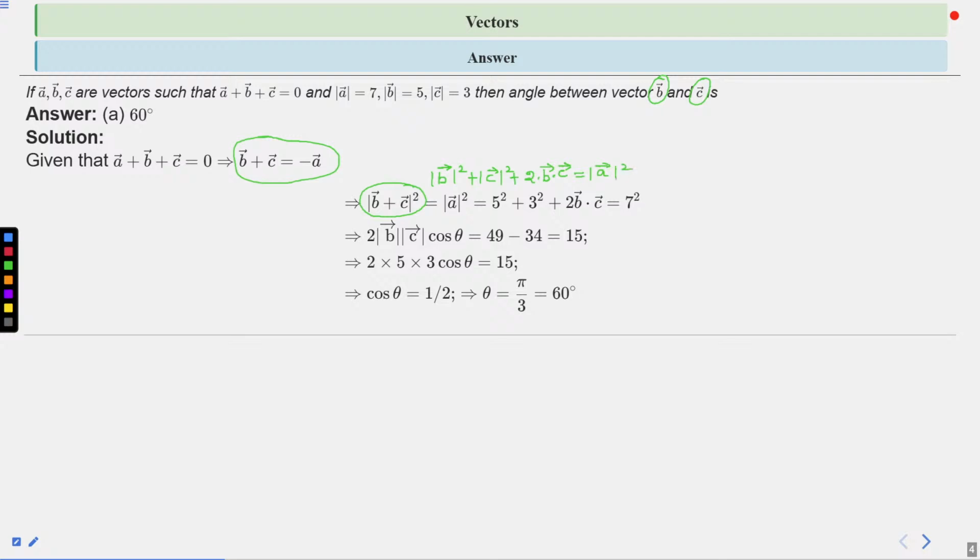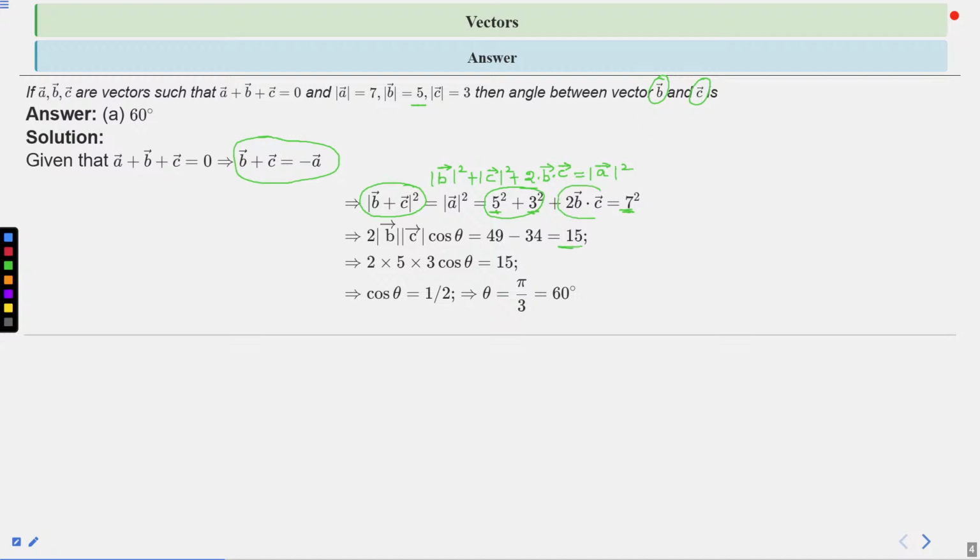Clear? Now just substitute the values. Mod of B vector is 5, so it will be 5 square, mod of C vector is 3, so it will be 3 square. Then 2 B dot C is equal to mod of A square, that is 7 square. Solving this, 25 plus 9 is 34, and 49 minus 34 is equal to 15.